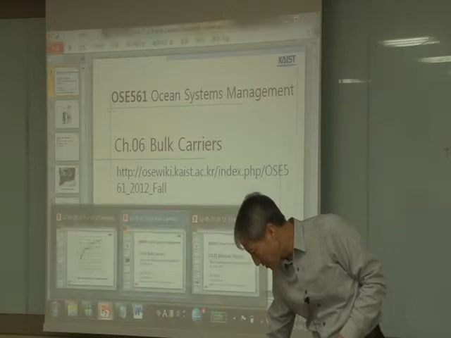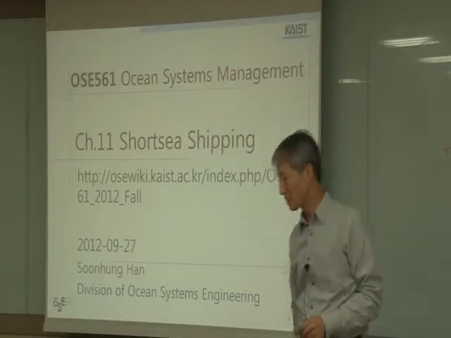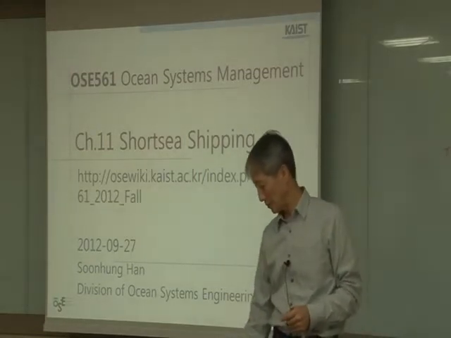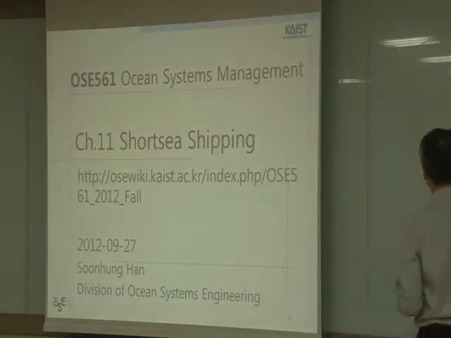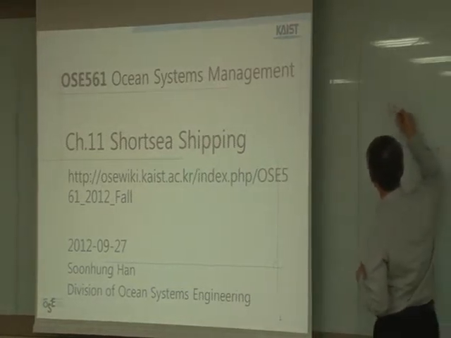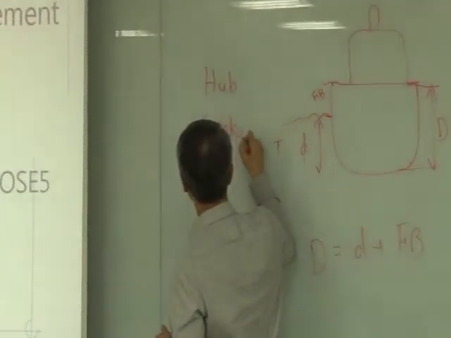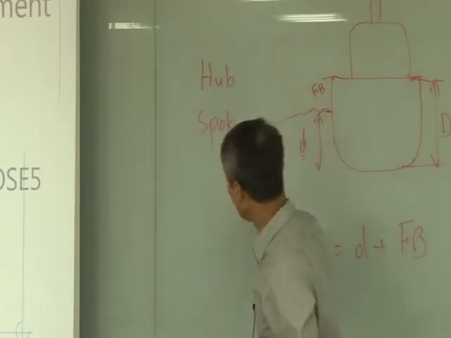Right. Then short sea shipping. This is a slightly different topic, but it comes again. Short sea shipping. We explained hub and spoke. This was explained by Professor Akimoto the other day, right? Hub and spoke.